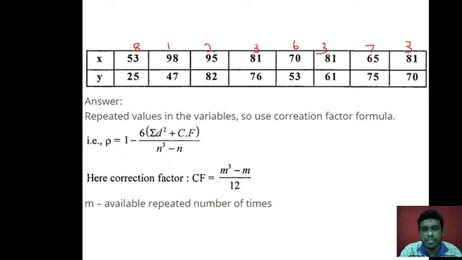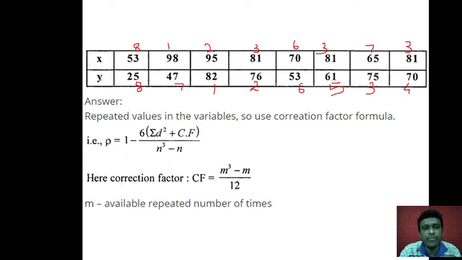Similarly, when we are giving ranks here, first rank will be given for this person, second rank, third rank, fourth rank, fifth rank will be for this, sixth rank will be for this, seventh rank will be for this, and eighth rank will be for this.